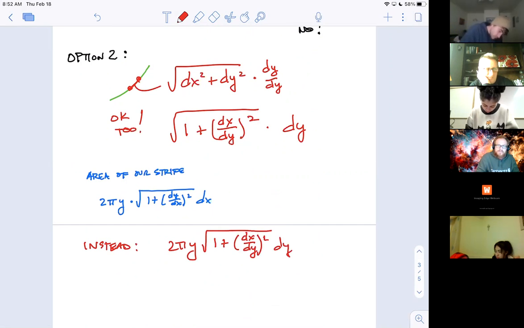Is that better? We'll notice we don't have to do anything with that y now. Remember before we had to switch it with 2/5 x squared, we can just leave it as y because we're in y land. So now everything is y's. But this is a bit of a stretch in your brain, I think. How are you going to do that? What does dx dy mean?